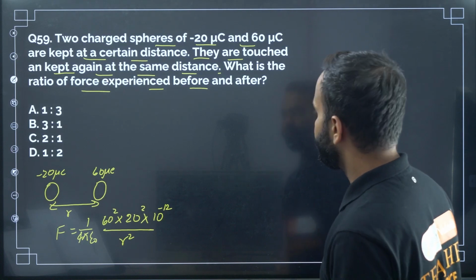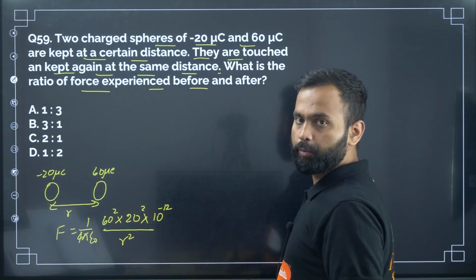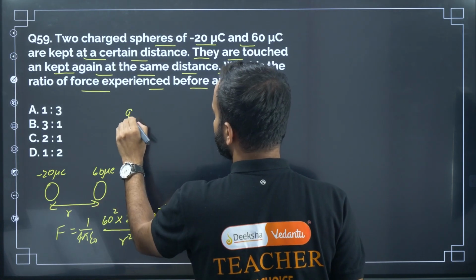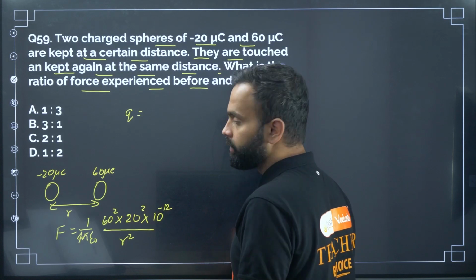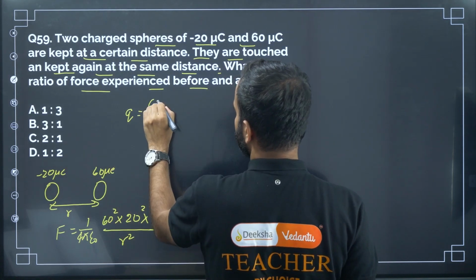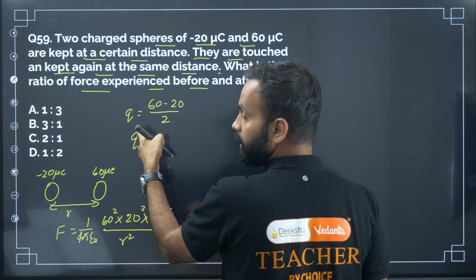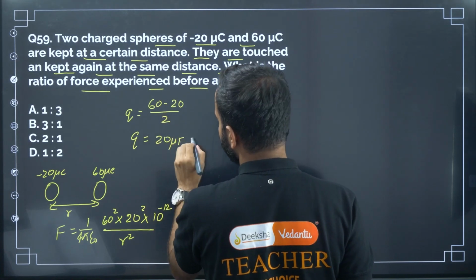Okay, yeah. So now these two spheres are touched, right? So now charge distribution will take place. So what is the final charge on each sphere? So Q equal to Q1 plus Q2 by 2, right? So that will be 60 minus 20 divided by 2. So Q equal to 20 microcoulomb.